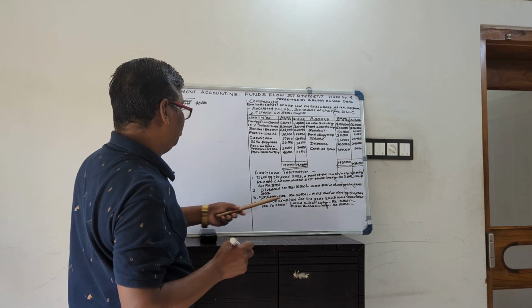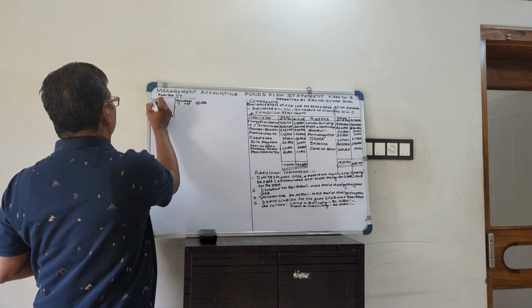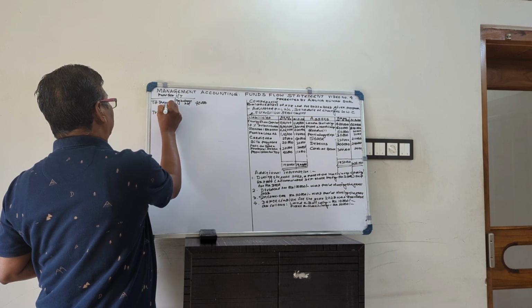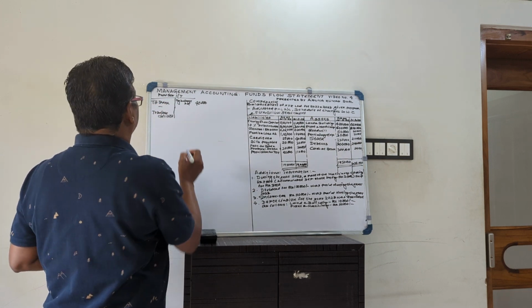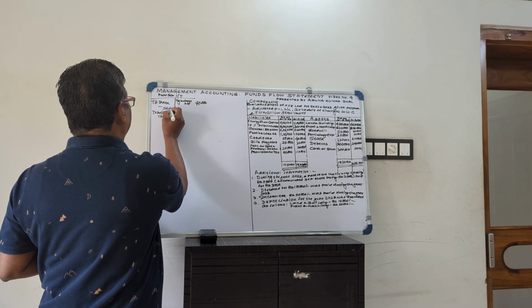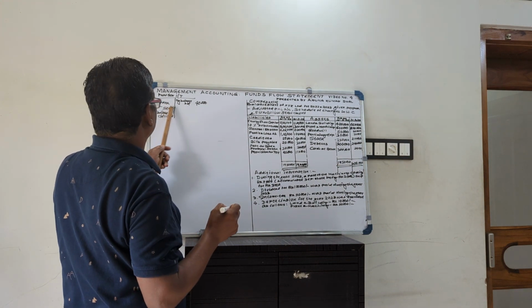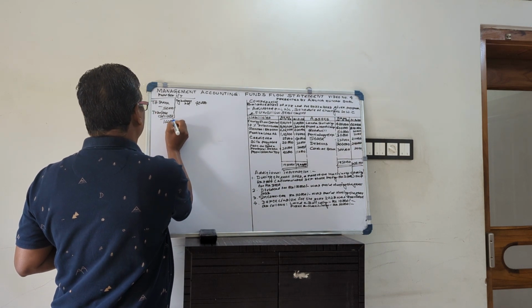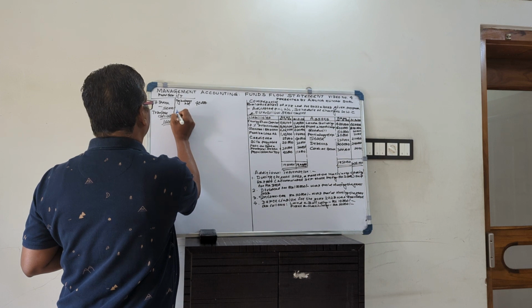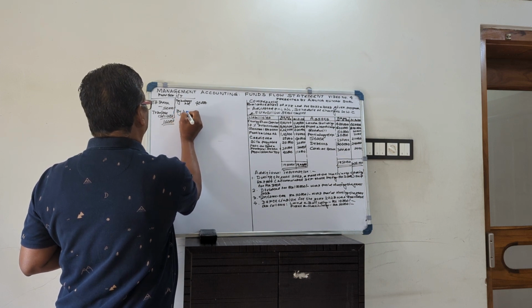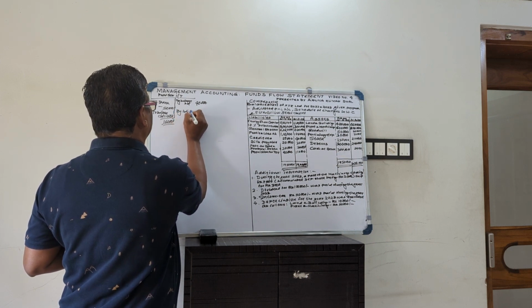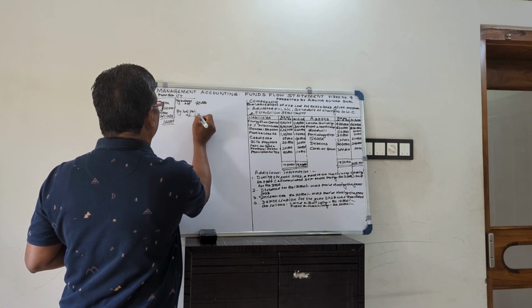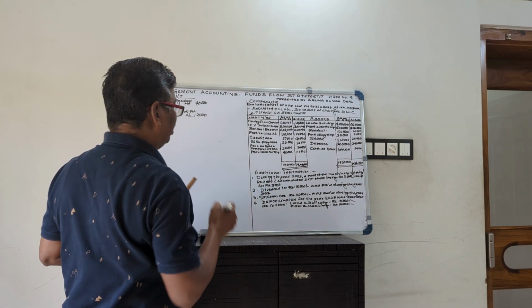Then we paid during the year 50,000, so write to bank, provision for income tax to bank, payment of tax, that is 50,000, and it will also be shown in the uses of funds. So the debit total is 1,60,000. So it is a debit balance, so write by adjusted profit and loss account, that is provision during the year, 1,20,000. We will see the provision during the year.